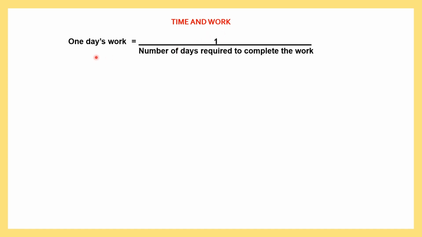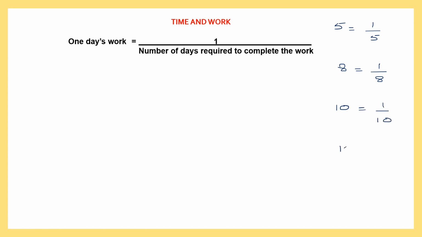Now the first one is, if you have to find the 1 day's work of a person. Suppose a person has worked for 5 days. To find his 1 day's work, you just have to do 1 by 5. If a person has worked for 8 days, his 1 day's work will be 1 by 8. If he has worked for 10 days, it will be 1 by 10.